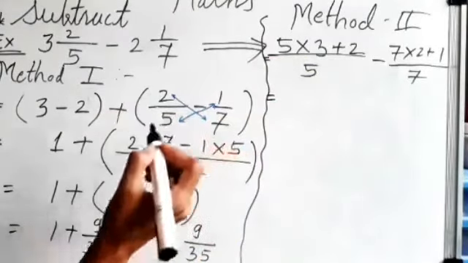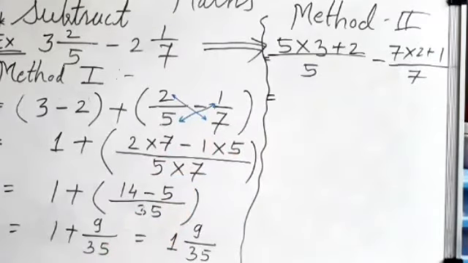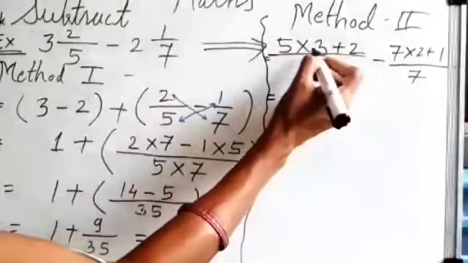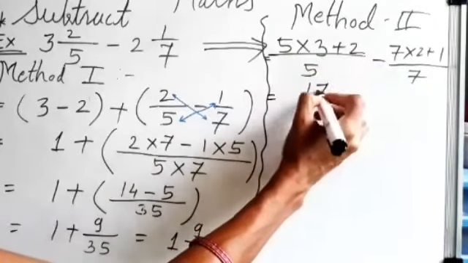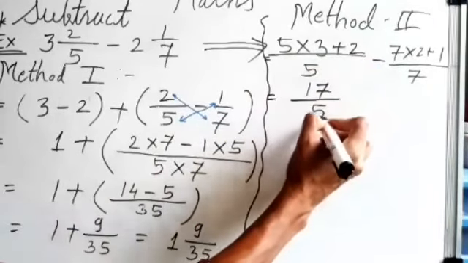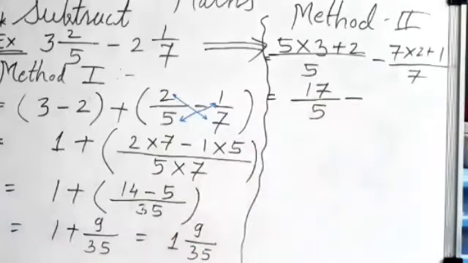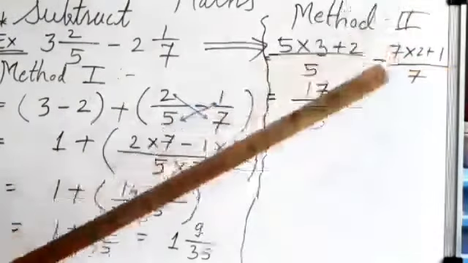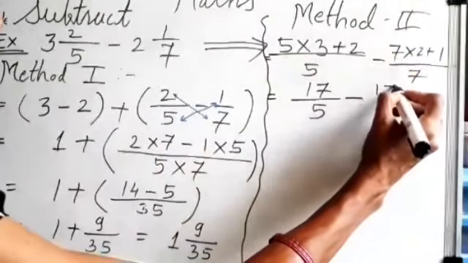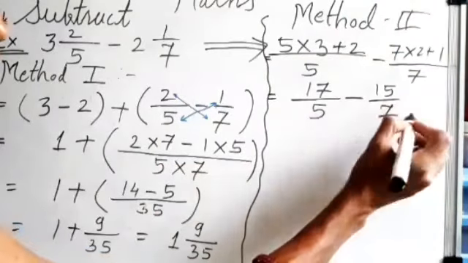Now you have to solve this. 5 into 3, 5 3s are 15, 15 plus 2 is 17 upon 5, minus 7 2s are 14, 14 plus 1 is 15, 15 upon 7.